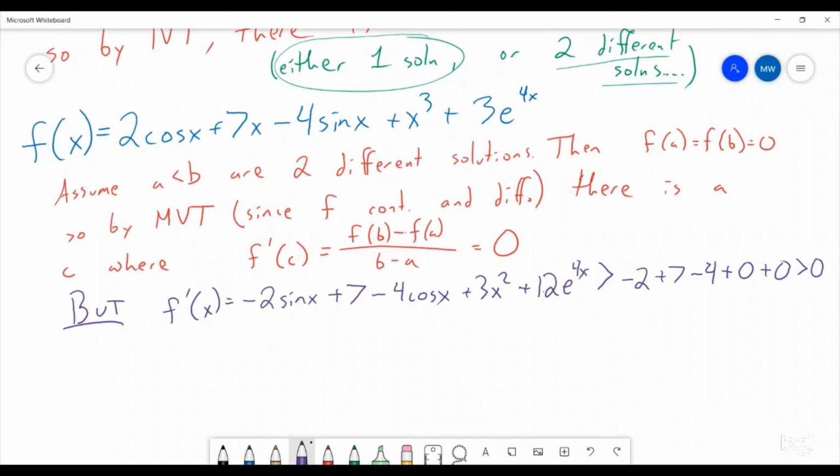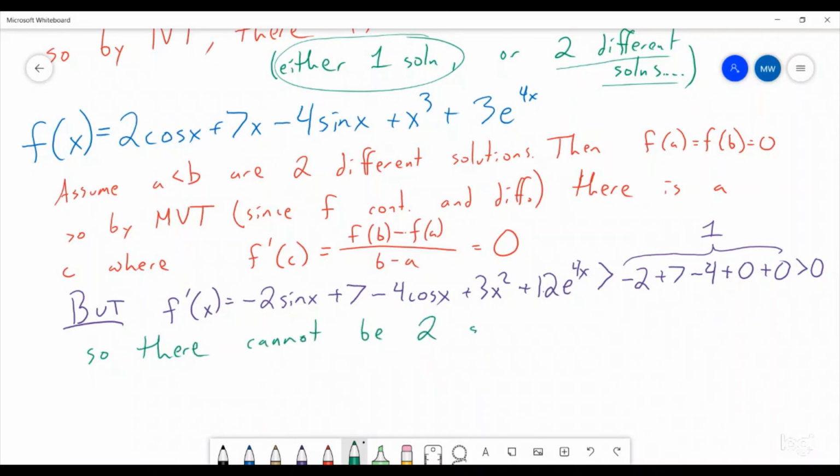And 12e to the 4x is always positive, so it is always bigger than 0, which means that everything we got, all of that, is at least 1, which means it's definitely bigger than 0, which means that there can't be two solutions. And that's how we would finish. So there cannot be two solutions.